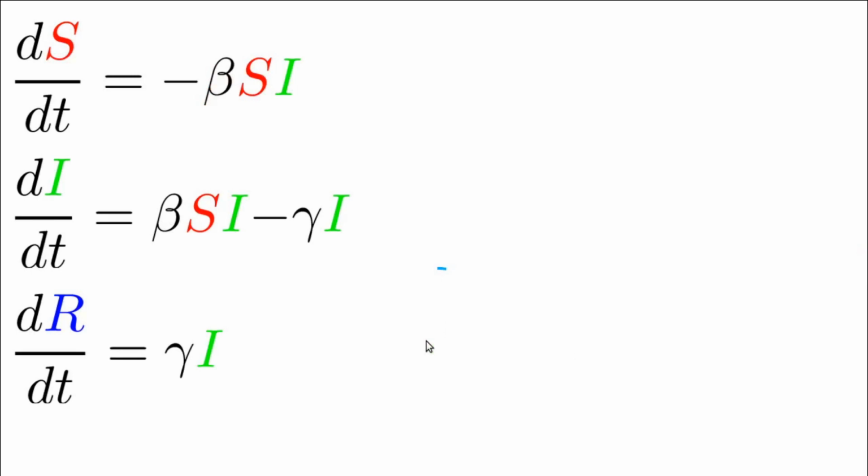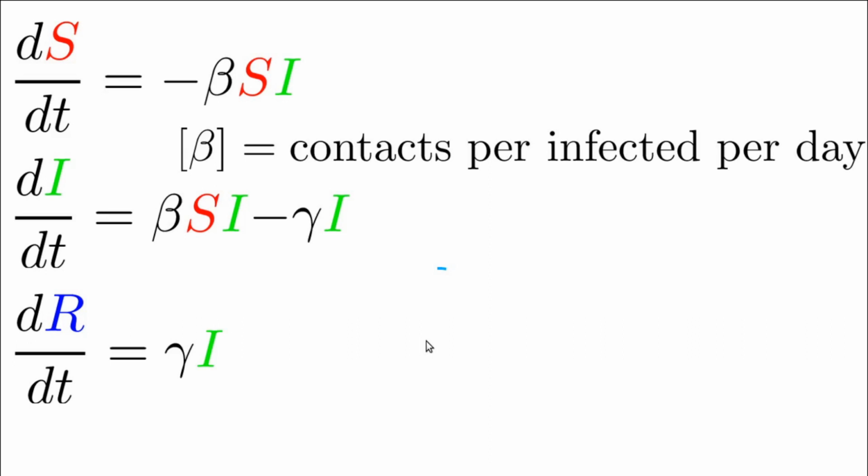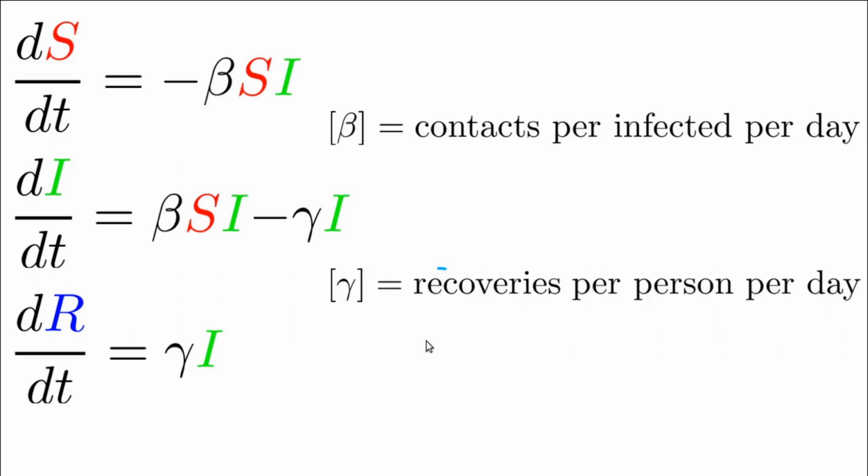So this is our model. We have the 3 equations, and let's see how they relate to these 2 constants. Remember, beta was the contacts per infected person per day. Gamma was the recoveries per person per day. You could figure that way if it took 20 days to recover, you could imagine that you were recovering a 20th of the way each day of that time period.